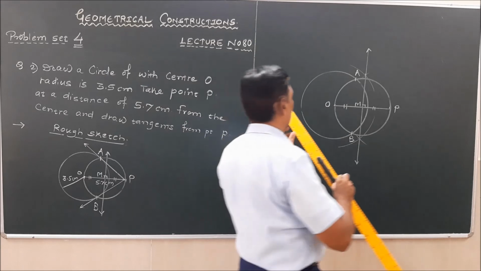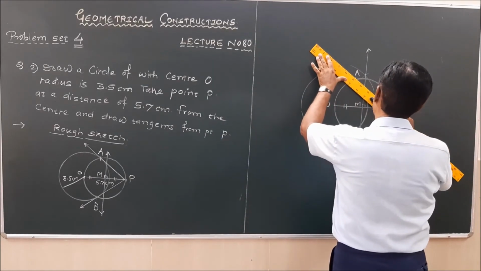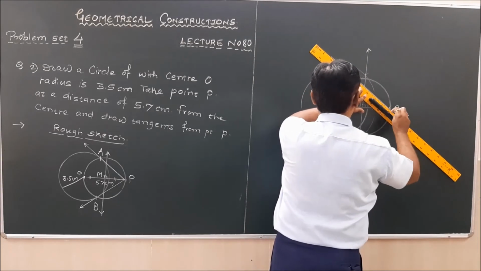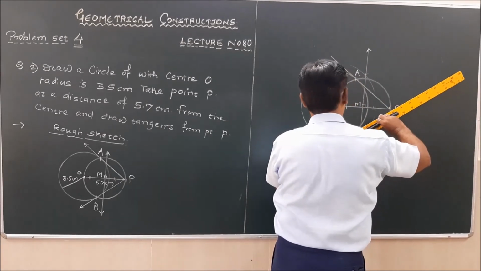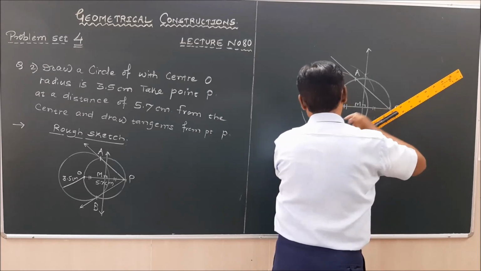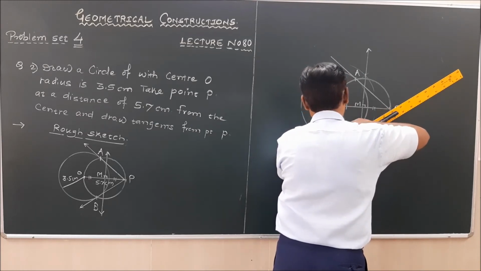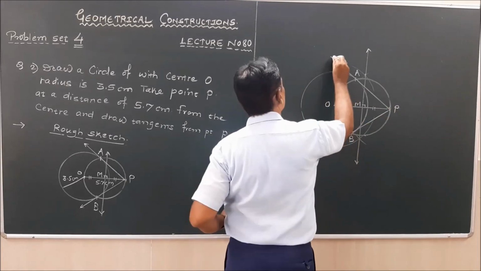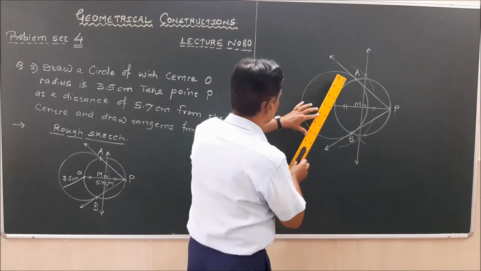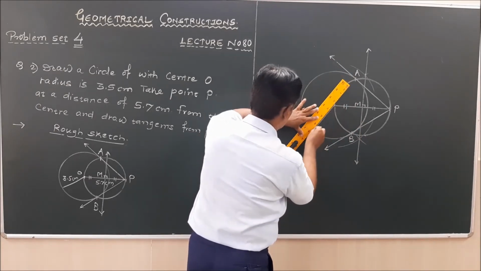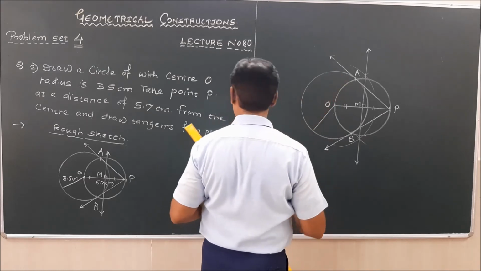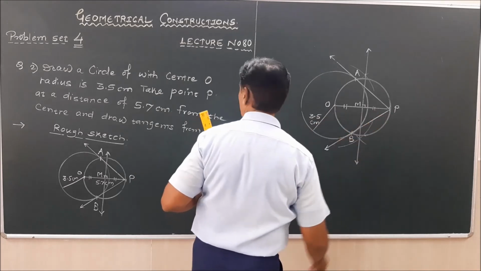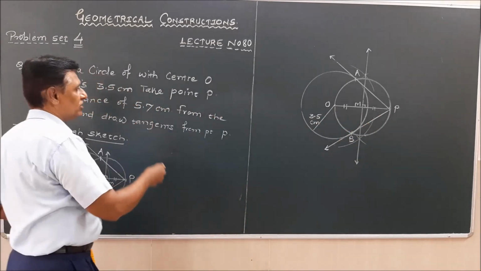Our construction is more or less over. Draw PA and draw PB. Don't forget to label the figure properly. Radius of circle is 3.5. OP is how much? 5.7.